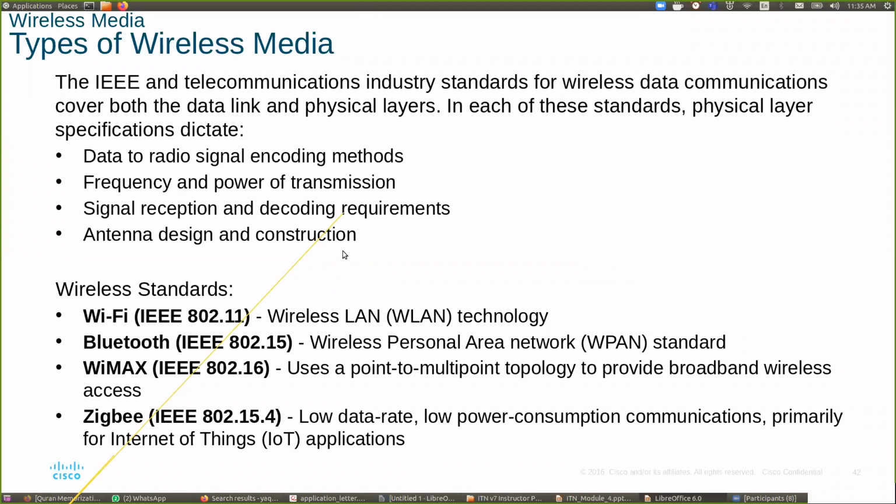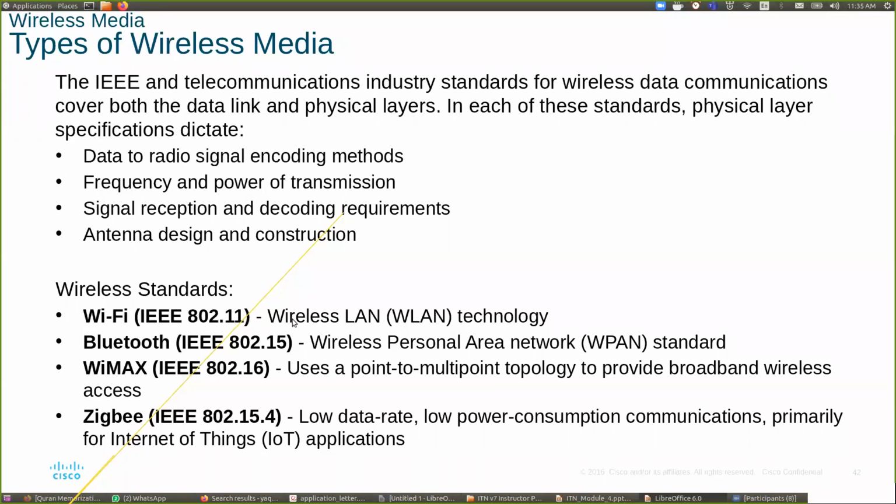The types of wireless media: there are different standards. You have Wi-Fi, IEEE 802.11 wireless, where last time we talked about A, B, and G. You have Bluetooth, WiMAX, and Zigbee.